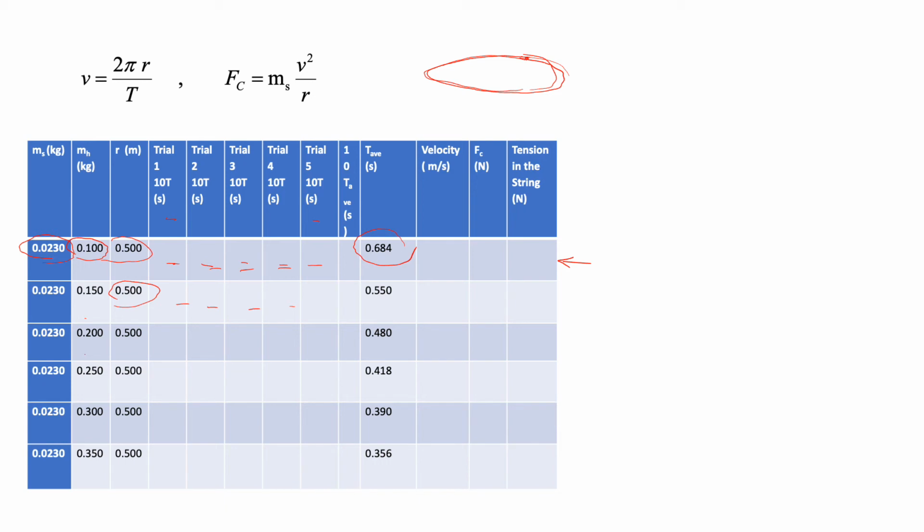We have the average time, which is the period, and you can calculate the velocity using this equation.